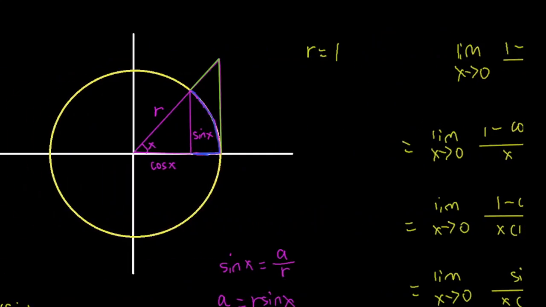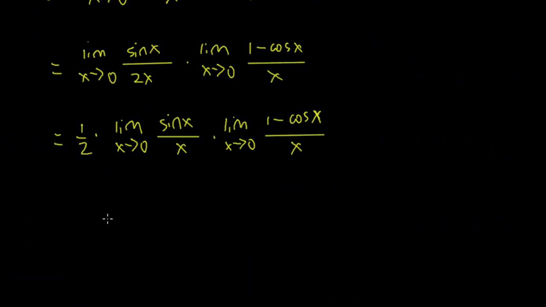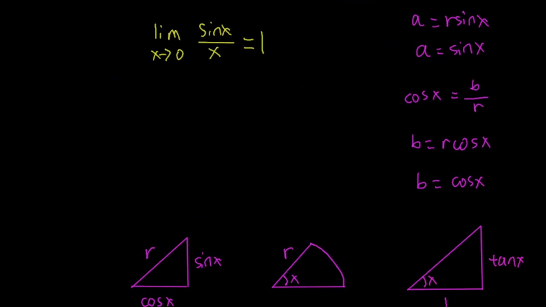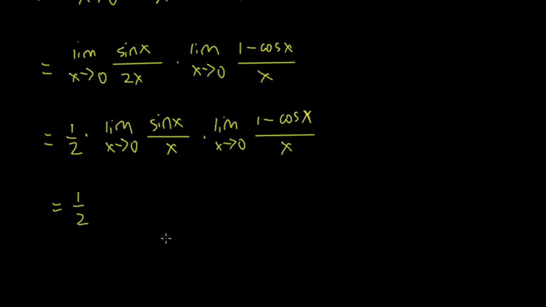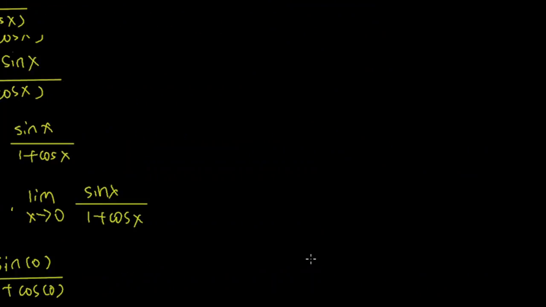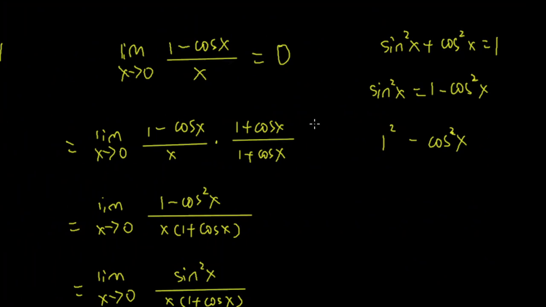Okay, so now we have the answer here, right? So that equals 1/2 times this, we figured out as 1, that's 1, times 1 times this is equal to 0.